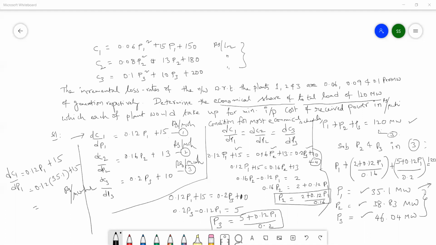That is what they are asking: the minimum input cost of received power in rupees per megawatt hour.